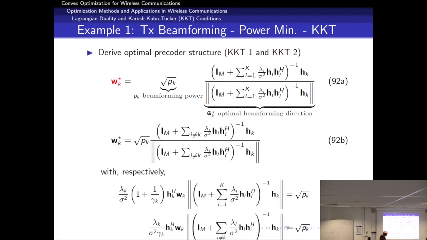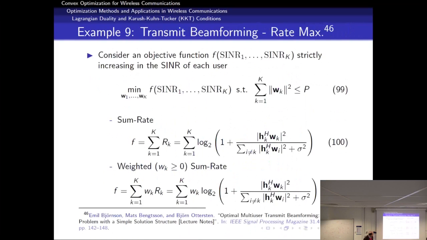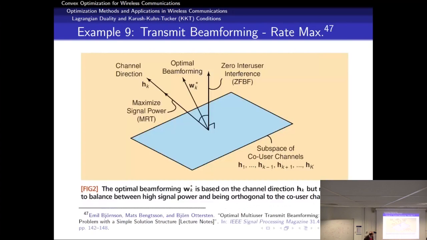You really start from your MRT and you rotate according to how much you have to deal with this term here. If this term is negligible compared to the identity matrix, essentially you do something along the channels of your intended user. And so one way to represent this is the following. You can have your HK, this is your channel directions.